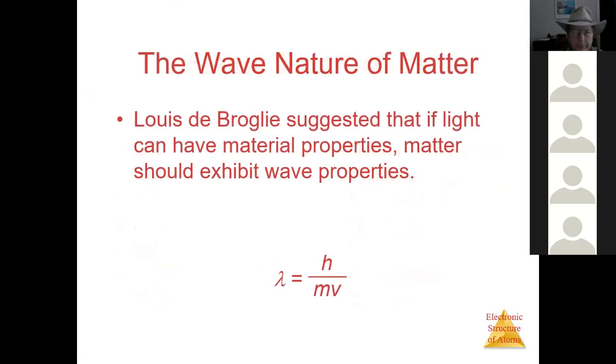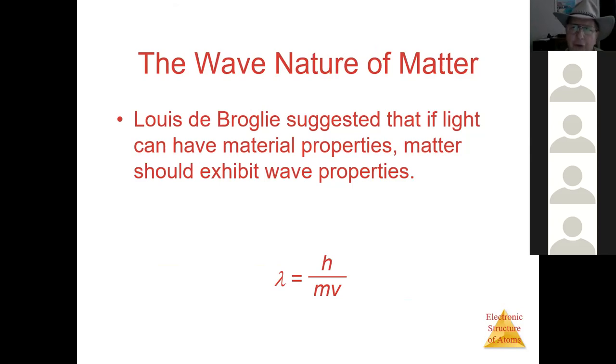Now, Einstein proved that waves can act like particles. A guy by the name of de Broglie came around and said, well, if waves can act like particles, can particles act like waves?